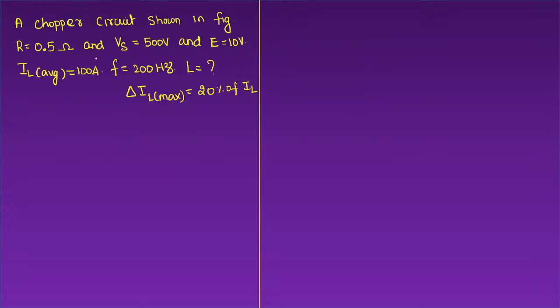This is the question. They have given a chopper circuit shown in the figure. Let me draw the circuit first. Again, there is one inductor, resistor, battery, everything is given.